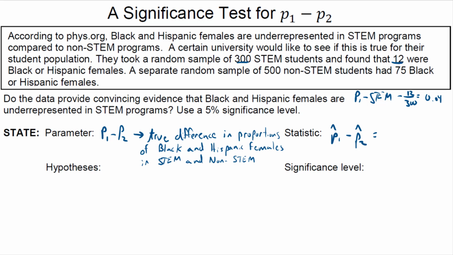So 12 out of 300, and that should give us 0.04. And then for our P2, we had non-STEM, and that gave us, as you can see, we had 75 out of 500. And that should give us 0.15.